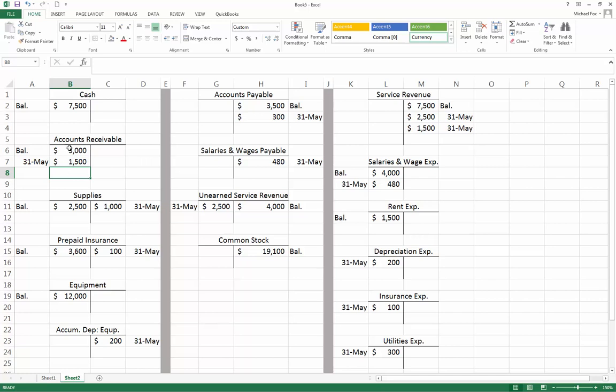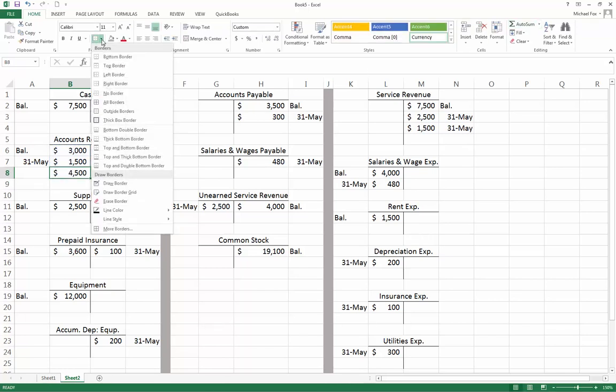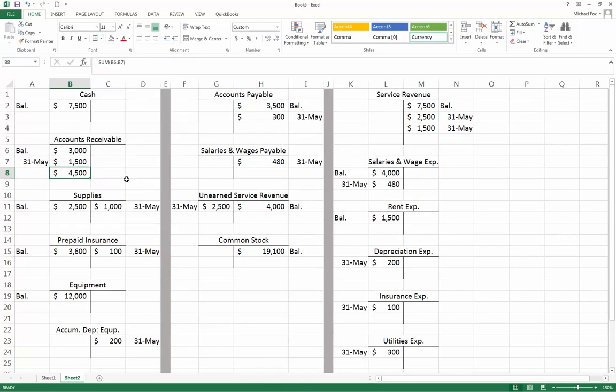So I'll add up the debit side, it's 4,500. There's 0 on the opposite side, on the credit side. So that will be my total. You can use the auto sum feature in Excel if you want. And then I'm just going to use that, and that will represent my ending balance in the account.